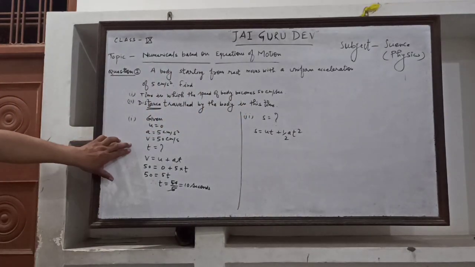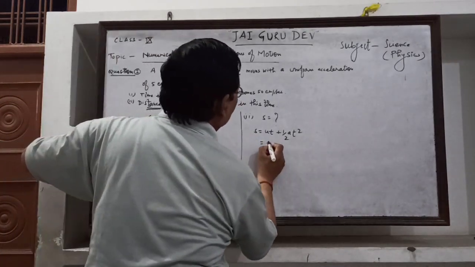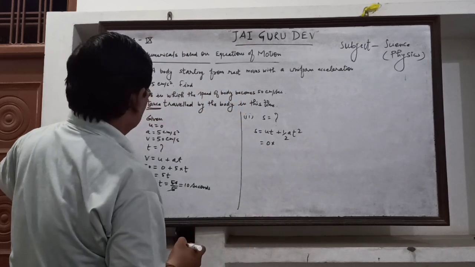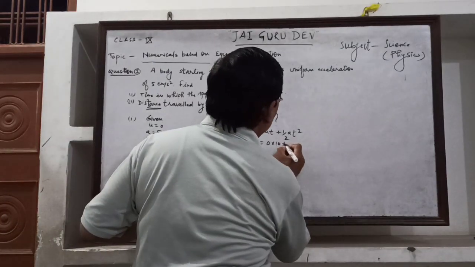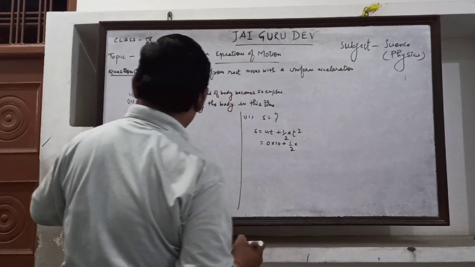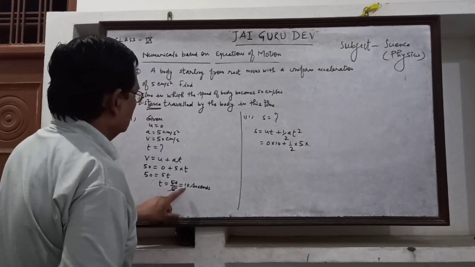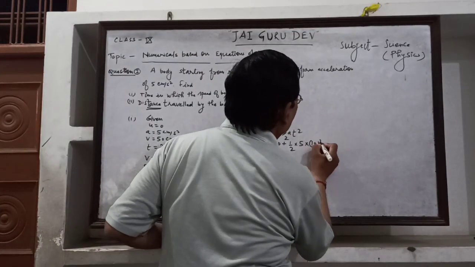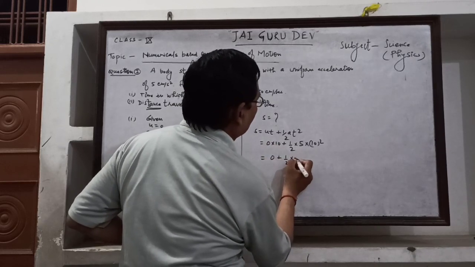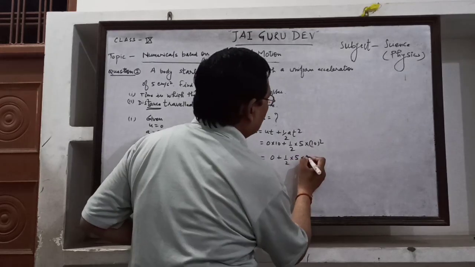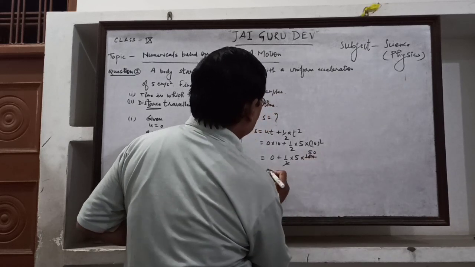We pick out the values from here. s is to be found out. u once again 0, t we just got 10, plus half into a 5, t 10. 0 into 10 is 0, half, 5, 10 square 100, 2 5 10 50.